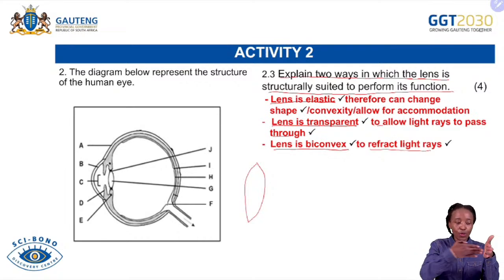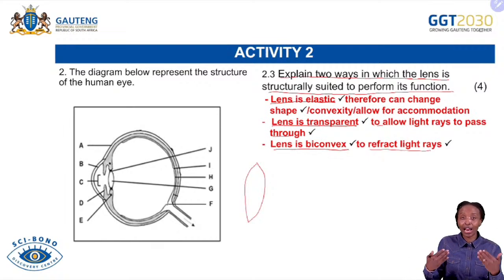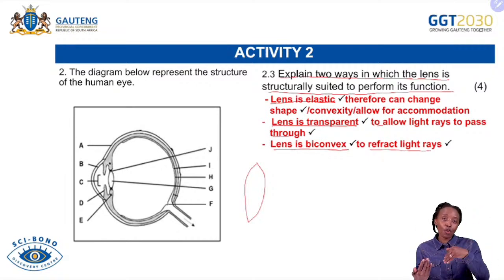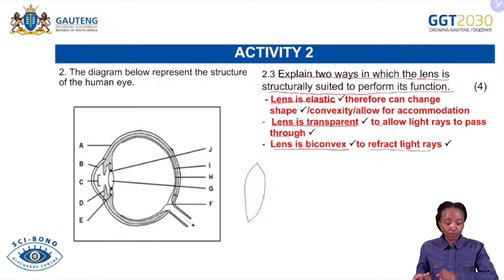When they strike an object, they change direction, they bend, and that bending of the light allows for a clear vision to fall on the yellow spot. It allows for a correct interpretation in the brain, and then you are able to see what is in front of you. So then this is the second activity.